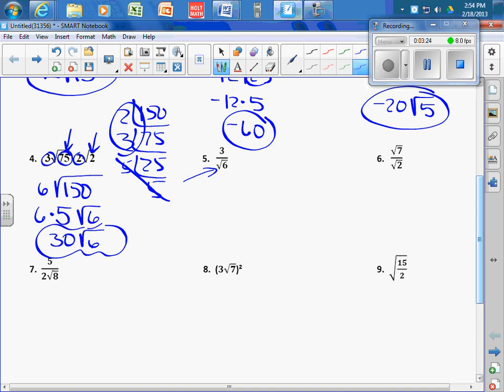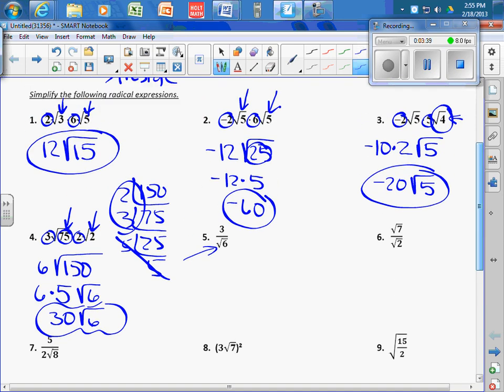It'll never stop. It'll never repeat, because the square root of 6 is an irrational number. We can't have an irrational number in the denominator. We have to make it rational. That's the reason why this process is called rationalize the denominator.